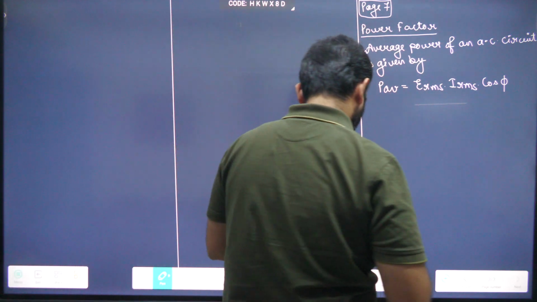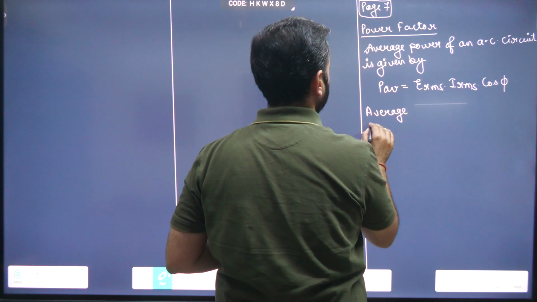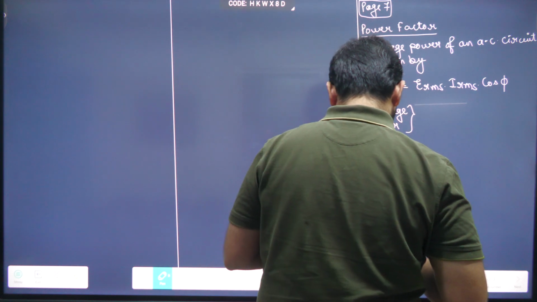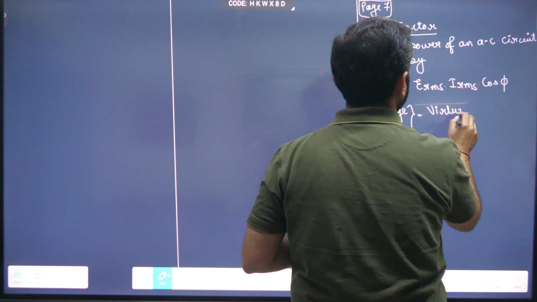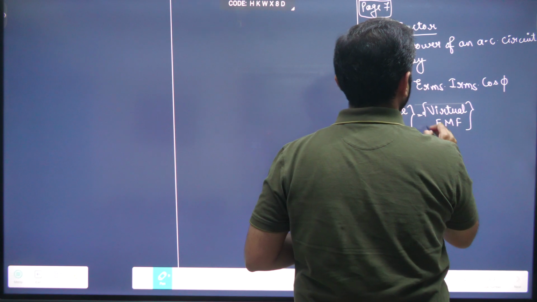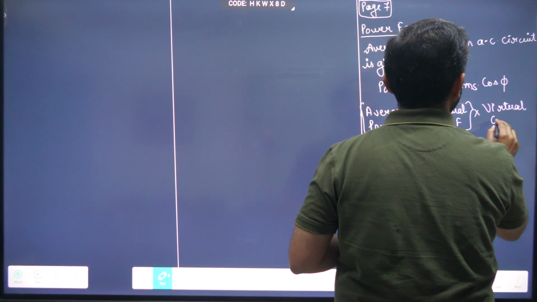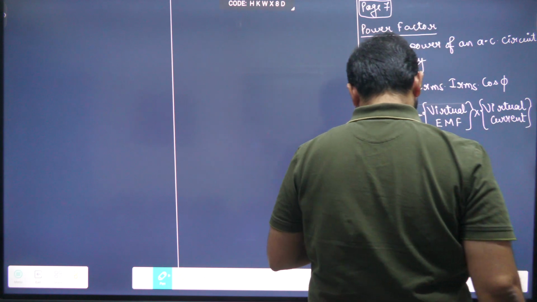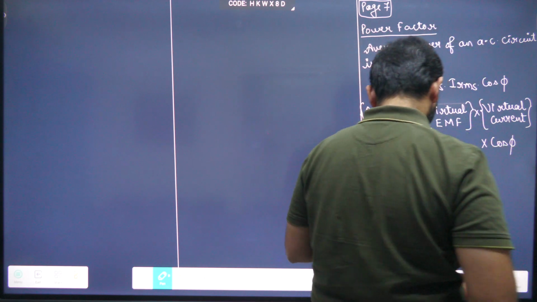So average power is equal to virtual EMF into virtual current into cos phi.